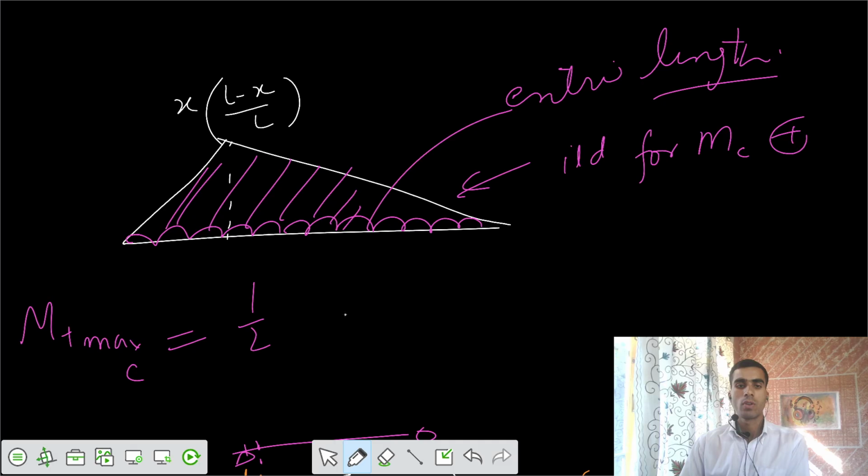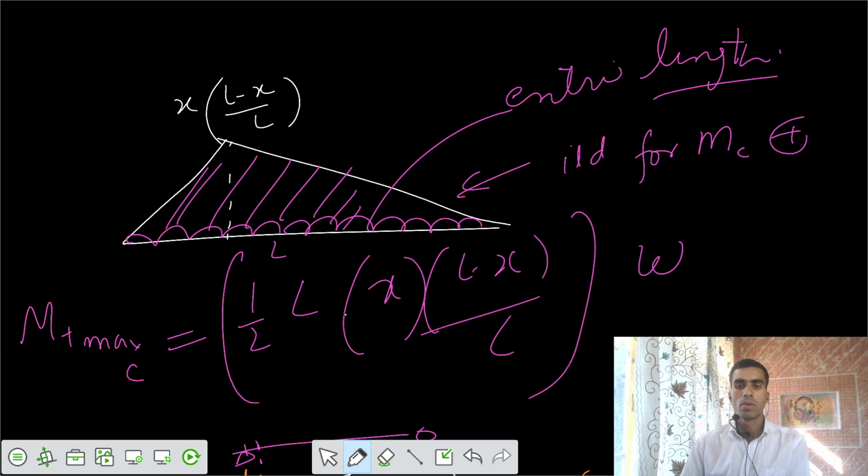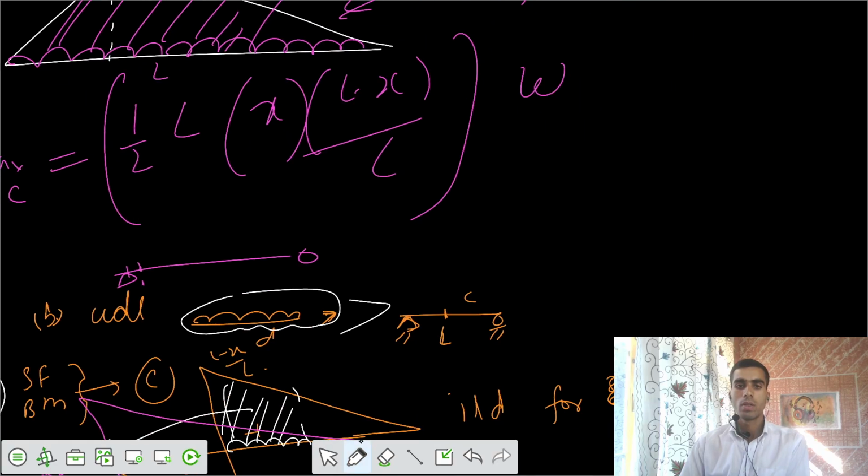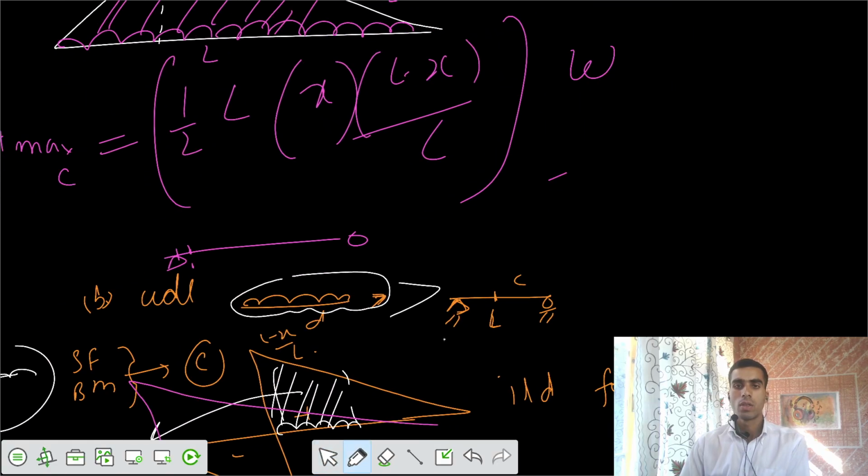Area under the UDL equals 1 by 2 length L, ordinate of x into L minus x by L, and intensity of W. So you get W into x into L minus x divided by 2.